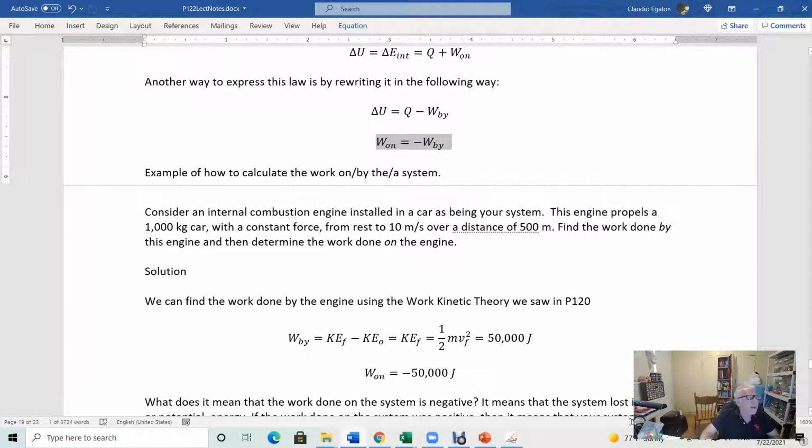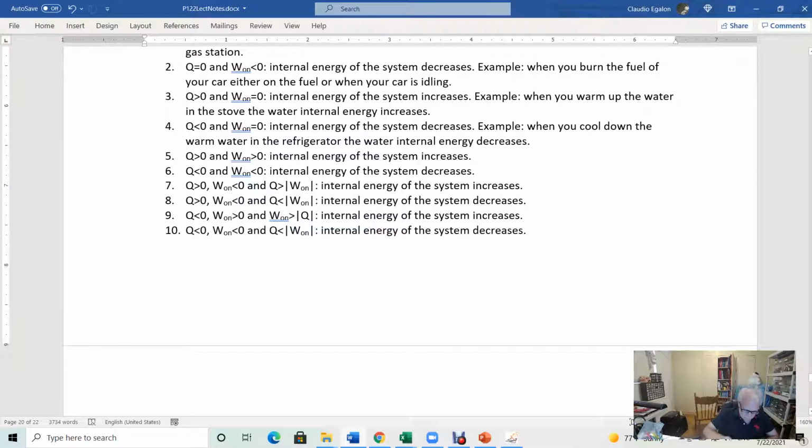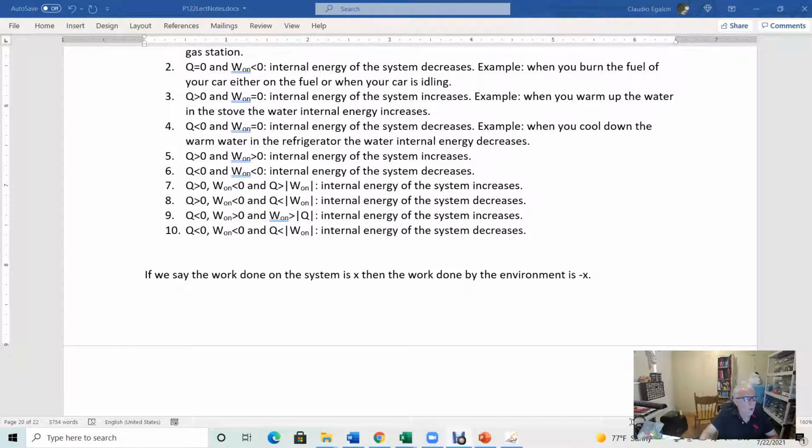Okay, so here you go. Work done on the system means work done on the system by the environment.